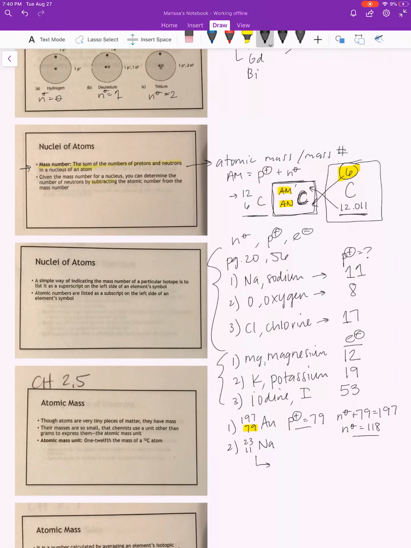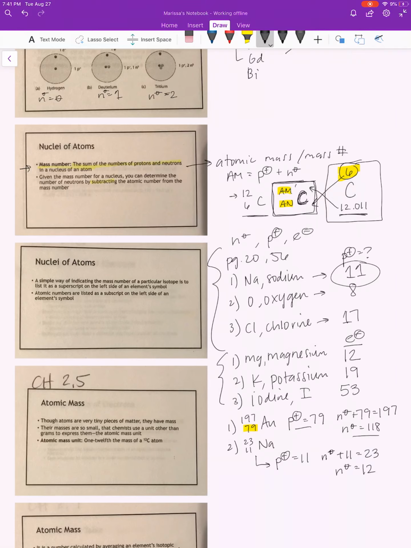Okay, so hopefully we can see that the protons is equal to 11. We kind of did that one earlier up here, but it never hurts to practice it again. And if we use our same formula here, we see that there are actually 12 neutrons, okay?